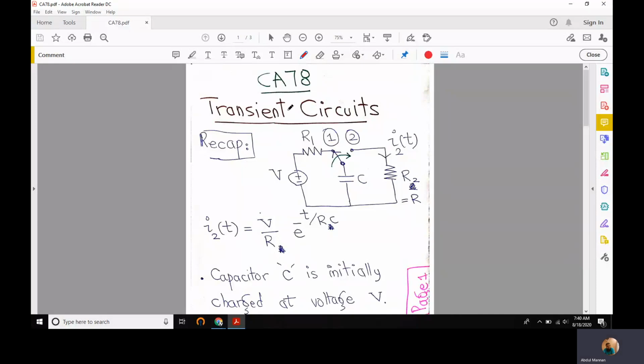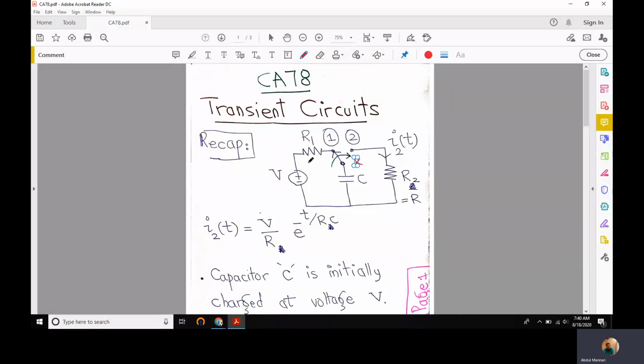In the last lecture, we took on this circuit where the switch K had been in position 1 for a very long time until it achieved steady state, and then it was moved to position 2.